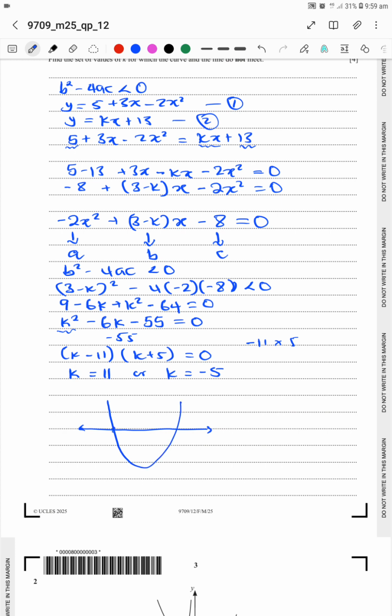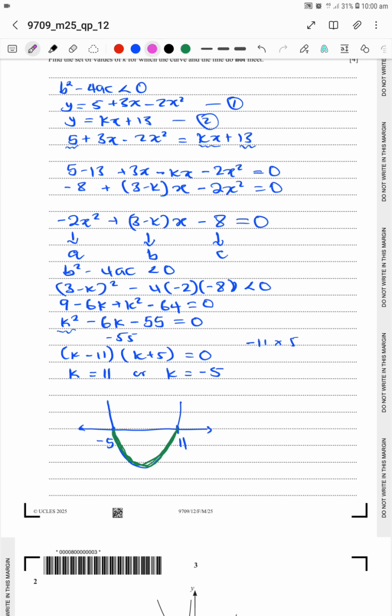The first point here should be negative 5, and the second point here is 11. From here, we are looking for the part of the graph that is less than 0. Since our inequality sign is less than, it means the part that is below the x-axis. So the part that we are looking for is this particular part of the graph, over here.